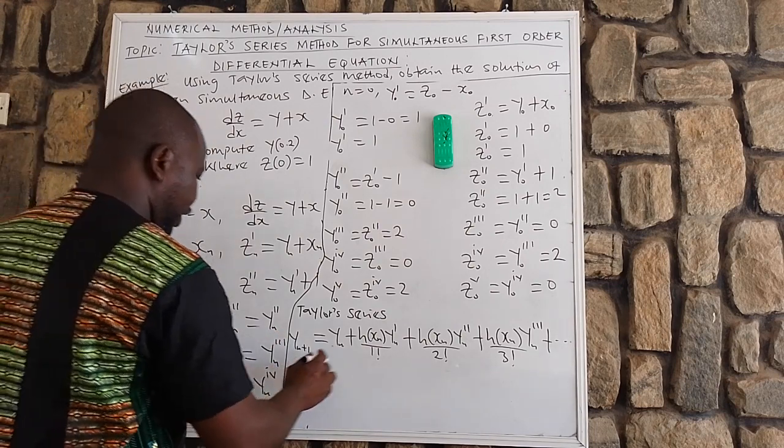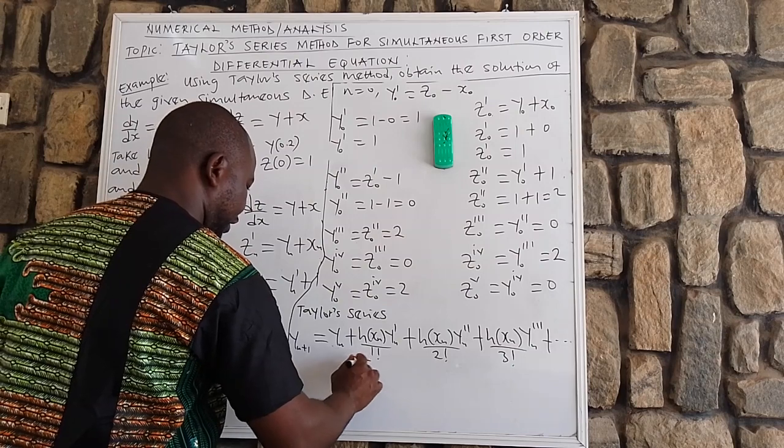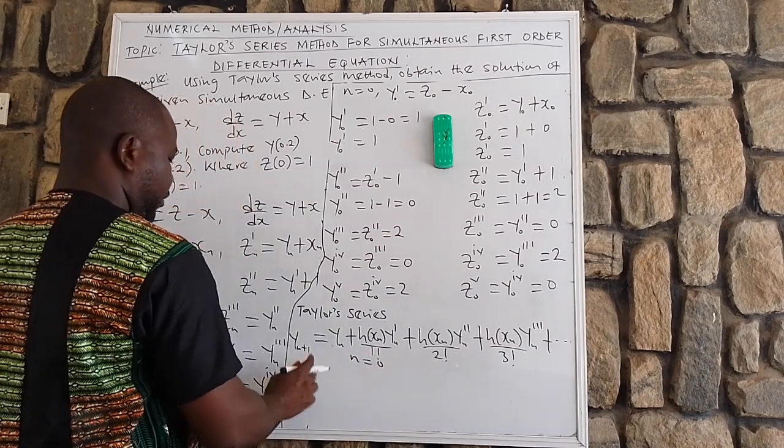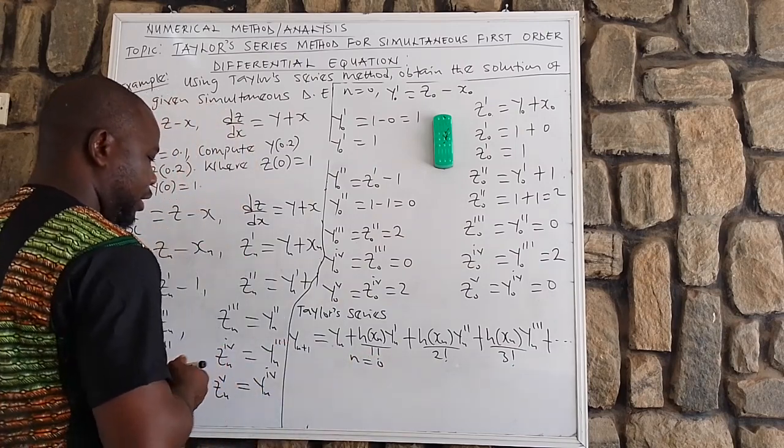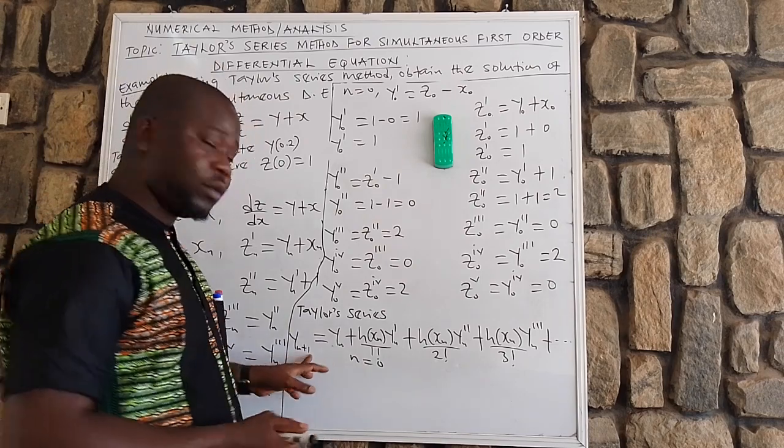So that is for y. So if n is equal to 0, it means if you substitute in 0 here, we are going to have 0 plus 1, which is 1.